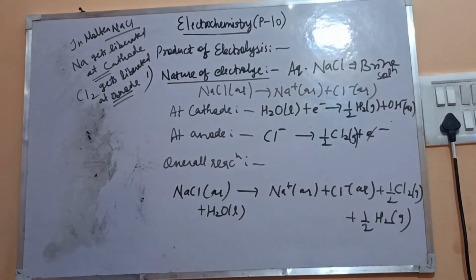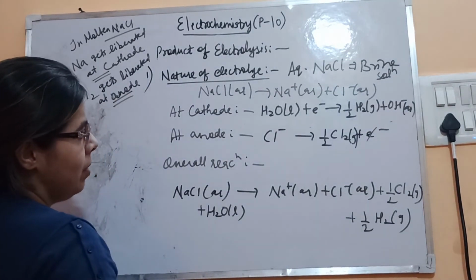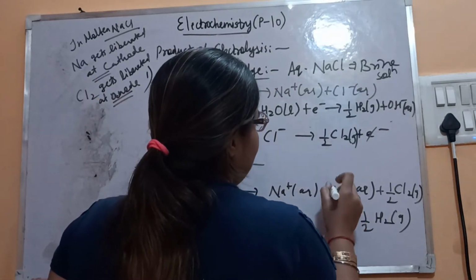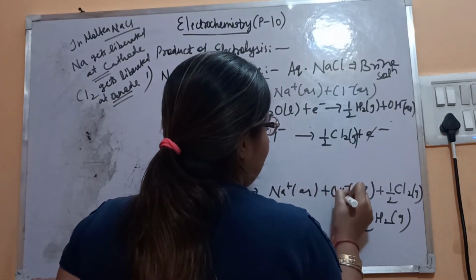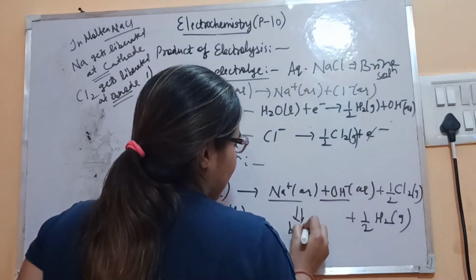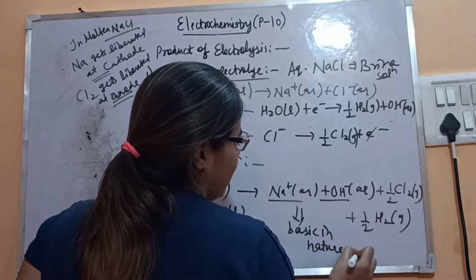So this is the reaction. Fine. So we have combined to see the overall solution. Here Cl will not come, OH minus will come. Cl will get cancelled out. This is OH minus. The overall solution is basic in nature due to the formation of sodium hydroxide base.